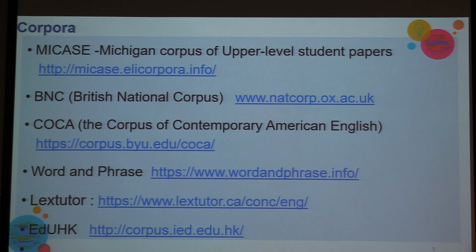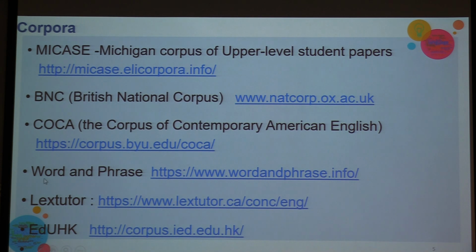It has different sections of language, like news, academic writing, fiction, and spoken and written. And COCA contains American English. It's very large. It contains 500 million words. BNC, I think, is 100 million words, so COCA is 5 times as big as the BNC.